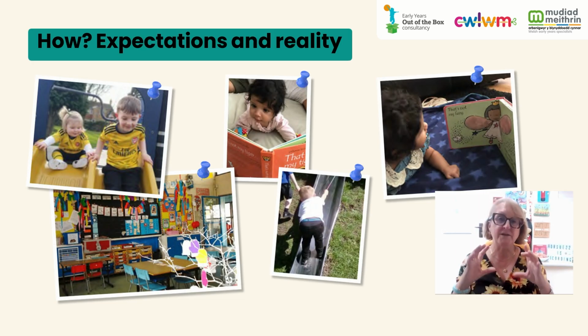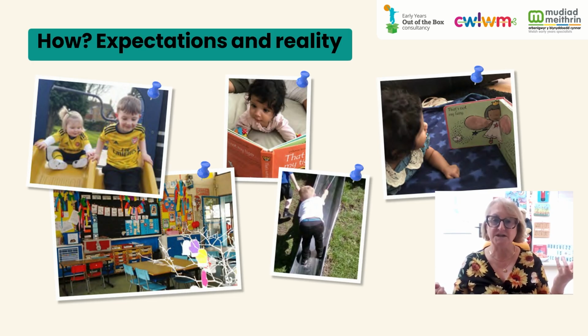Then the picture in the centre at the bottom, what are the expectations there? And how do they reflect the real children who are going to come into that setting? So think about what those children bring to you.